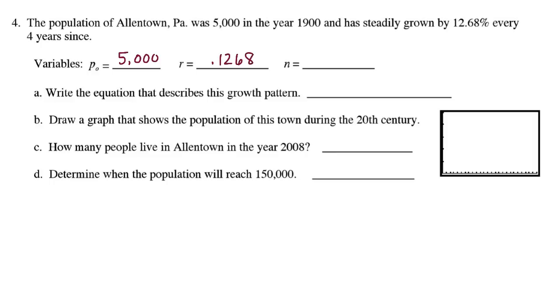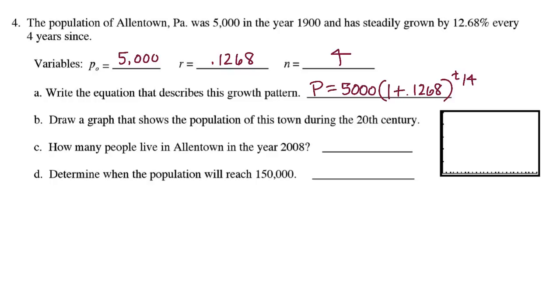And let's see, number of times that we're incorporating that rate, 4 times, or every 4 years. And now let's write our equation. So our new population will be equal to the initial population, 5,000, times 1 plus our rate, 0.1268, raised to our time over 4.